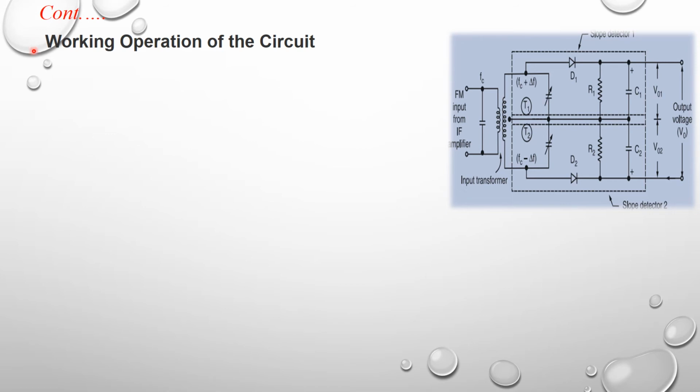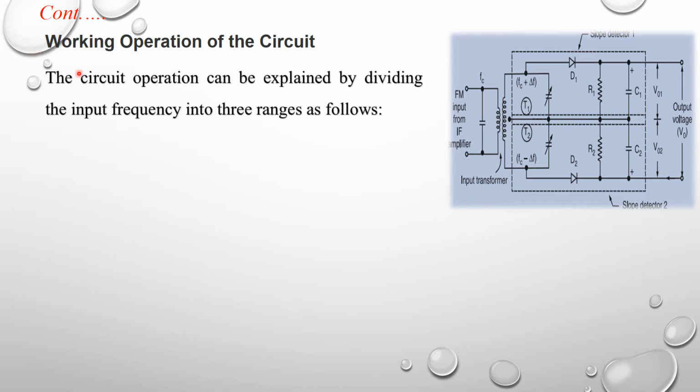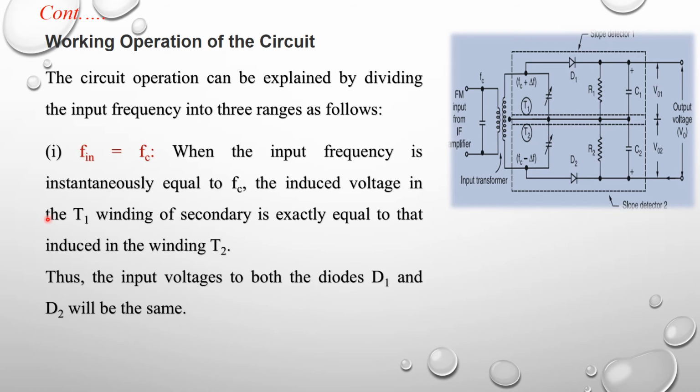Now we will look into the working operation of the circuit. The circuit operation can be explained by dividing the input frequencies into three ranges. Case 1: the input frequency F input is equal to the carrier frequency Fc.